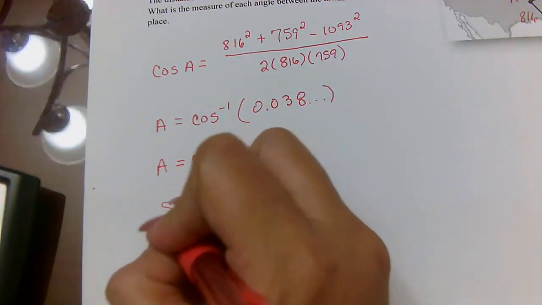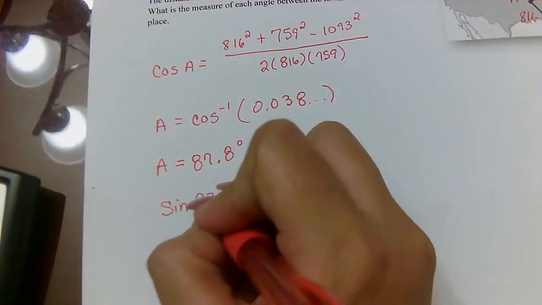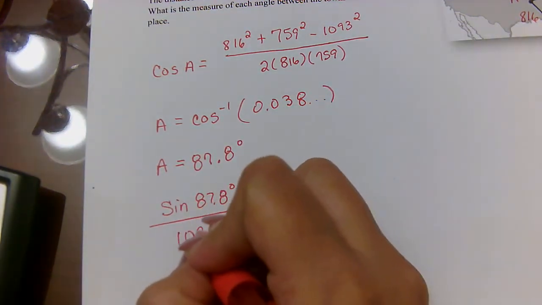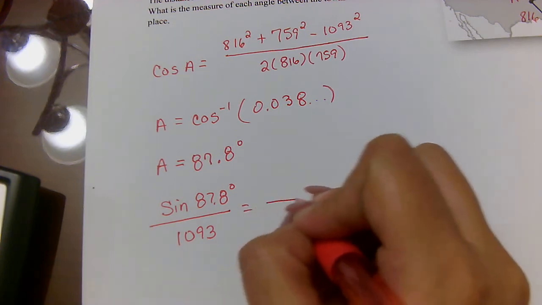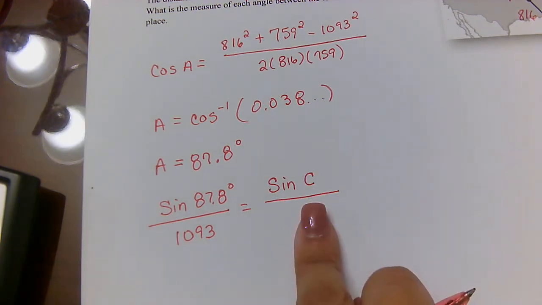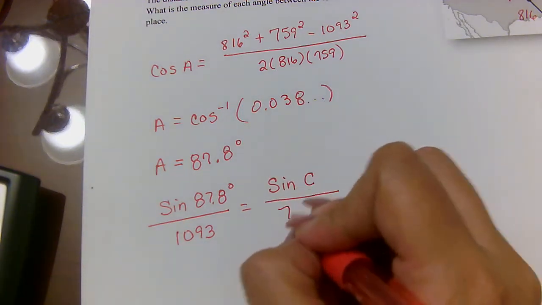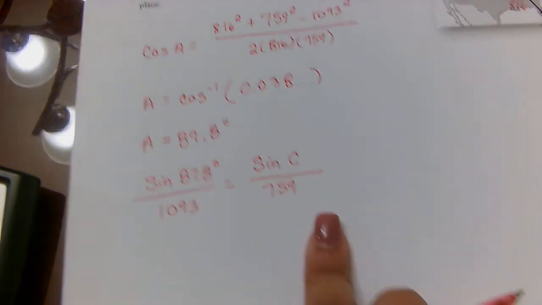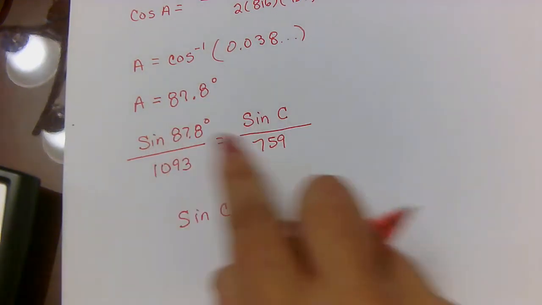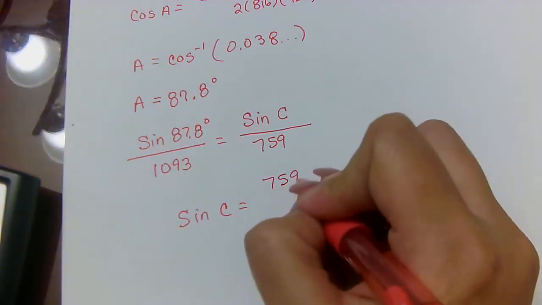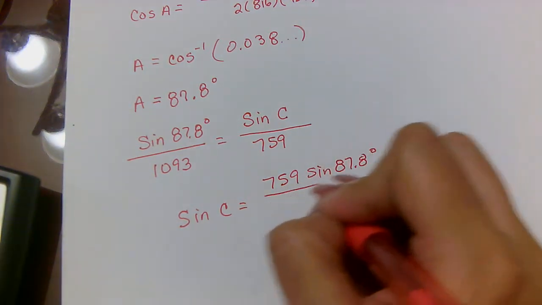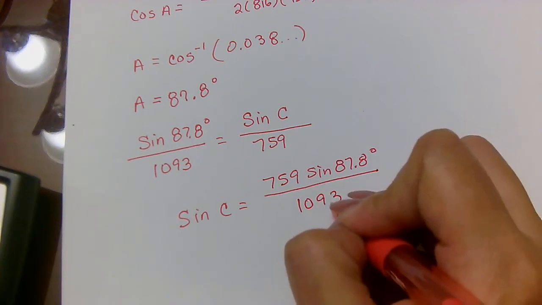So here I'm going to say sine of 87.8 degrees over 1093 is equal to sine of C divided by 759. Okay. Bat and ball, I'm going to use sine of C is equal to 759 sine of 87.8 degrees, all divided by 1093.